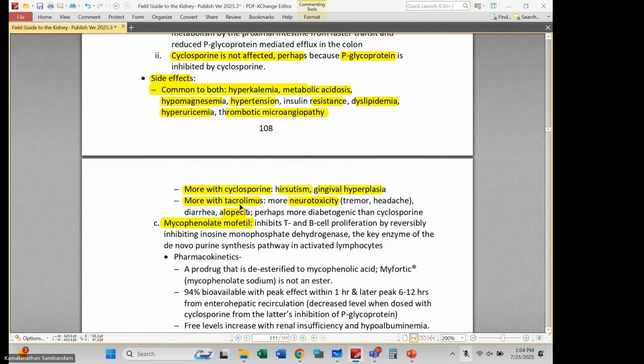Neurotoxicity might be more severe with tacrolimus, as is diarrhea. Tacrolimus is a macrolide. Cyclosporin is not. So if you recall, macrolides can interact with the motilin receptor in the gut and stimulate intestinal peristalsis, explaining why tacrolimus is a cause of diarrhea.